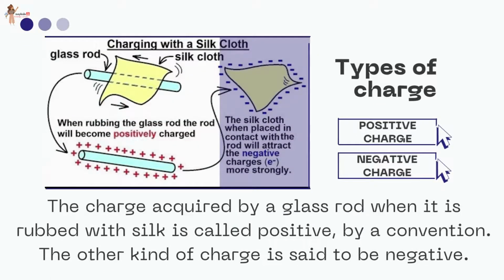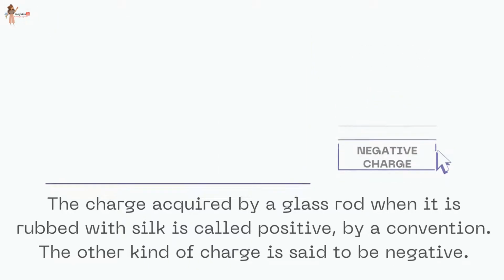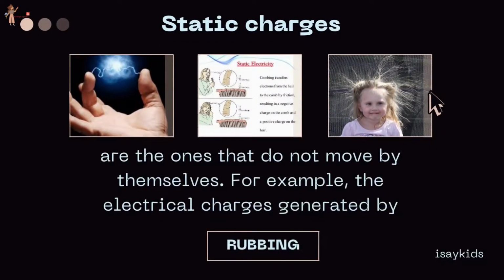There are two types of charge: positive charge and negative charge. The charge acquired by a glass rod when it is rubbed with silk is called positive by convention. The other kind of charge is said to be negative. The electrical charges generated by rubbing are static, that is, they do not move by themselves.